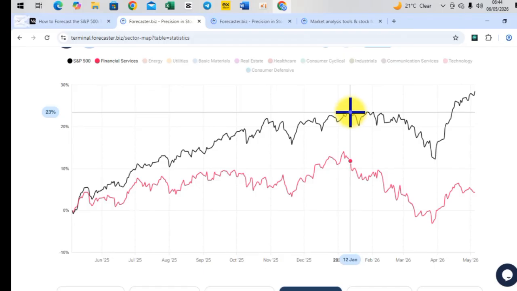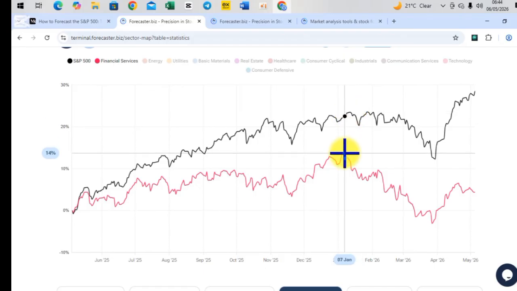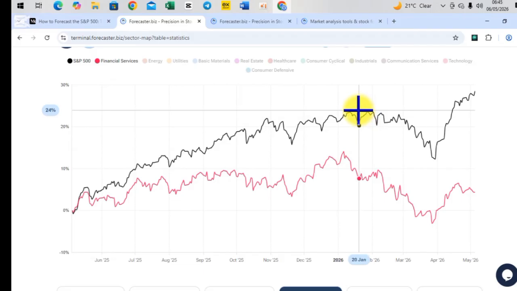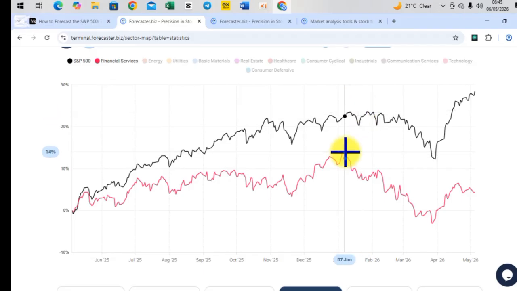Whereas when we come to the financial services, can you see what happened? It created a lower high. So if I plot something from here up to here, you are going to see we have a lower high. This one failed to create a higher high. This created a lower high.